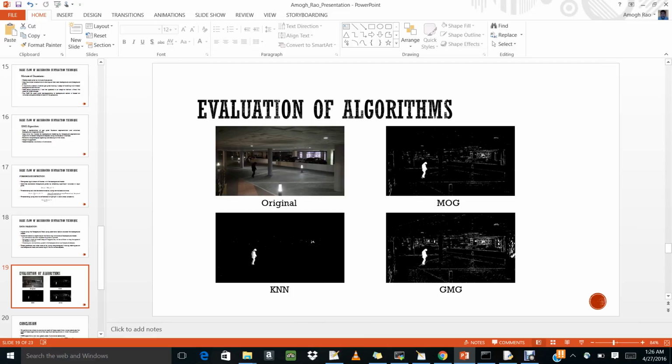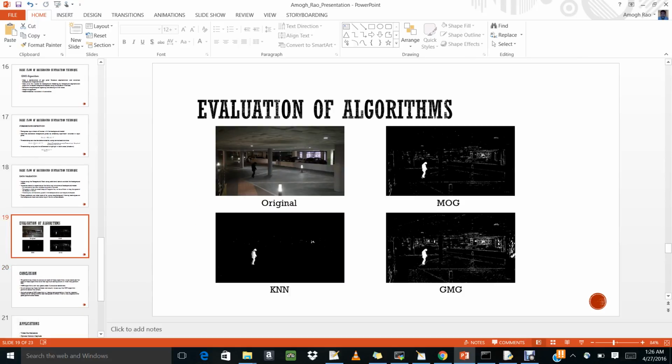And this is basically a snapshot of the evaluation, in which we can see that KNN has the minimum amount of noise in the background.